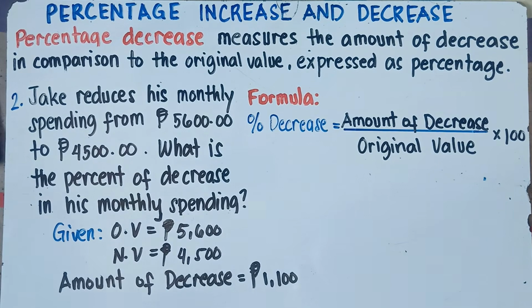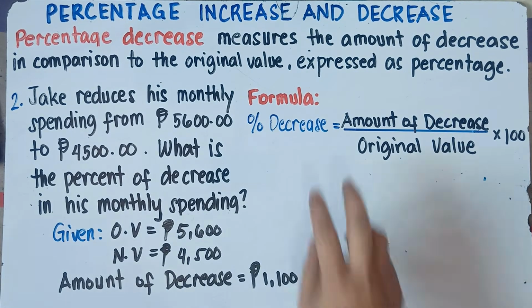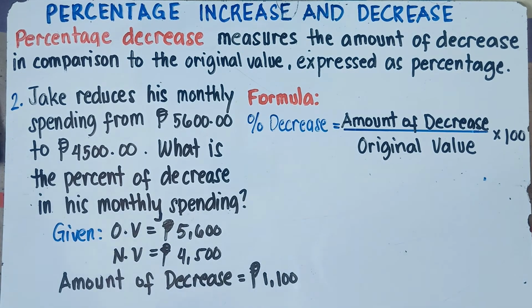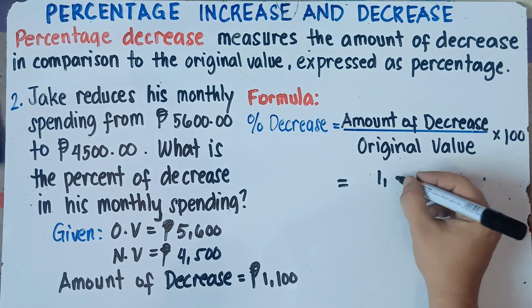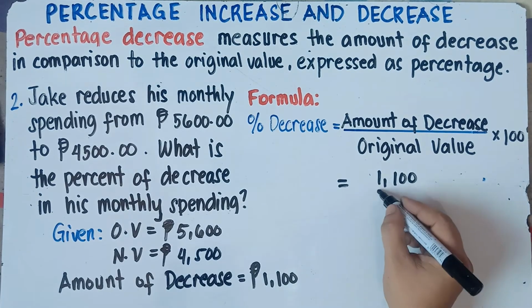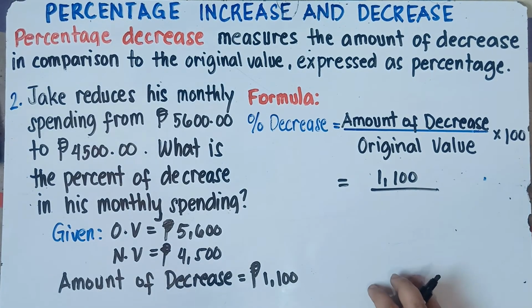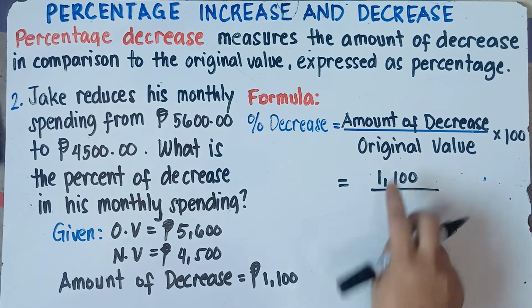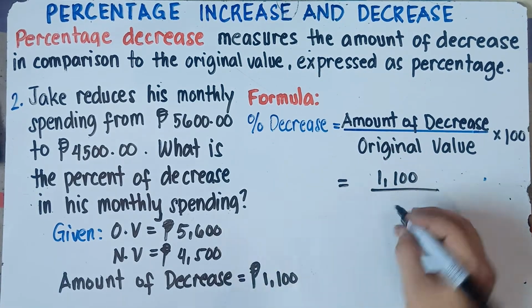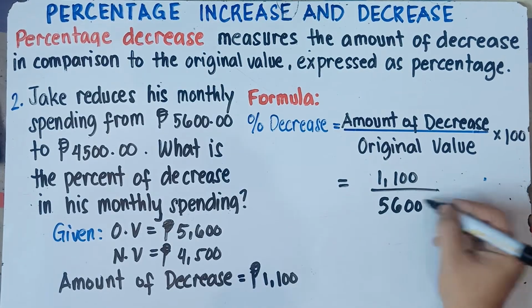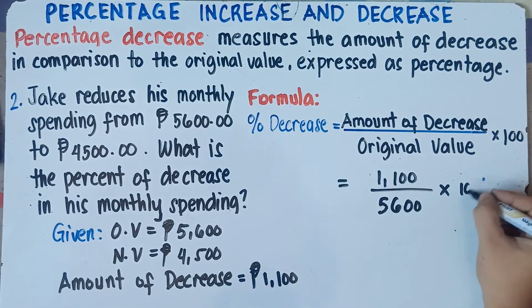So once you have the amount of decrease, we can now solve with regards to this formula, finding the percent decrease. So we have the amount of decrease, that's 1,100 pesos. Once again, you always divide this one by the original value. Original value, that's 5,600, times 100.